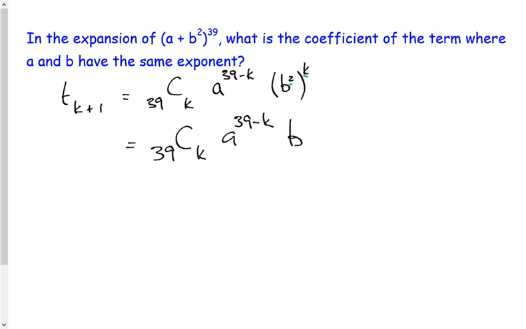So I have b to the 2k. And if I know that a and b have the same exponent, that means 39 minus k must equal 2k. And then we'll use that to figure out the k value, and then we can finish the question. So there's a key to get started for this one.